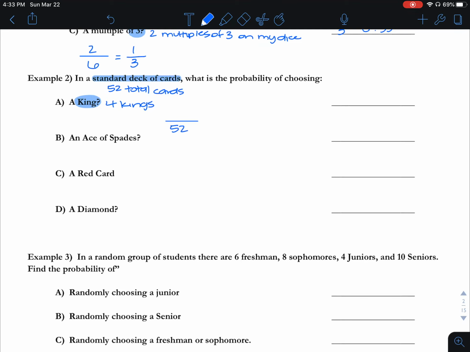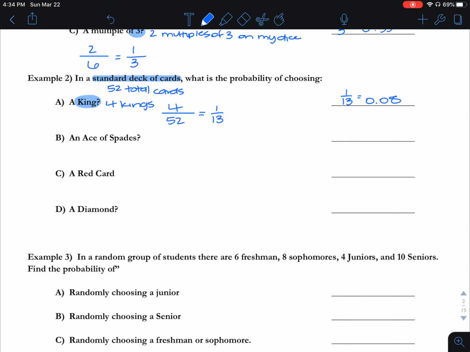The possibilities of having a king is 4. Well, can I reduce this? Absolutely. I get 1/13, which is my answer. If I plug it into my calculator, I should get 0.08. That is the probability of drawing a king.